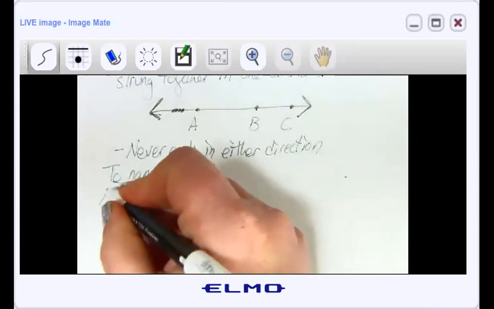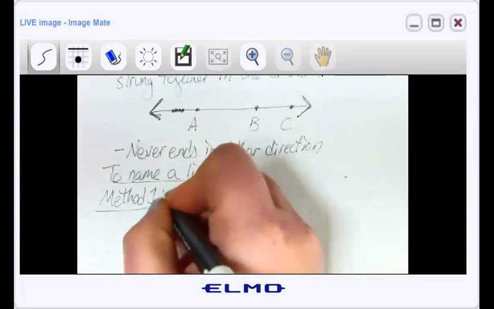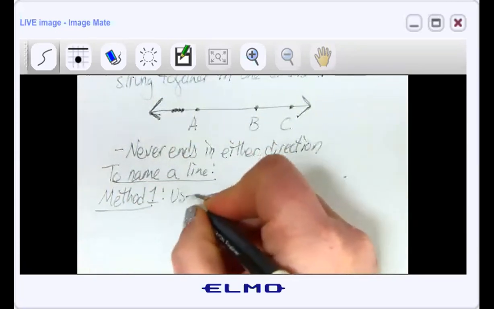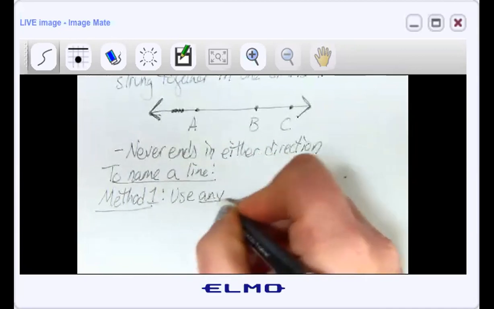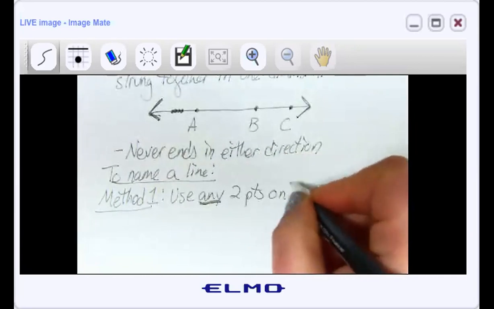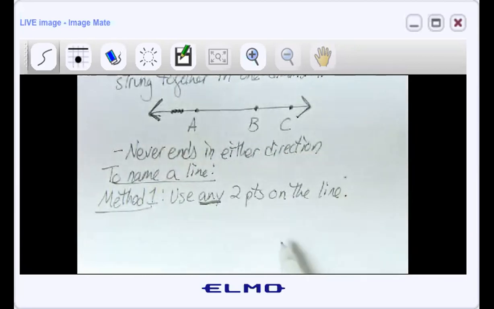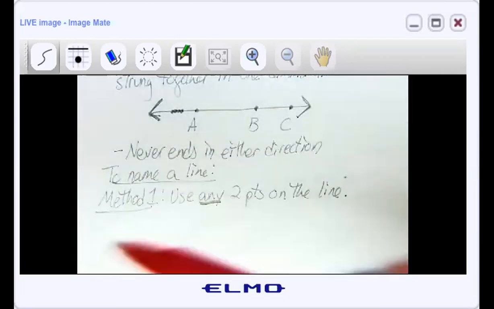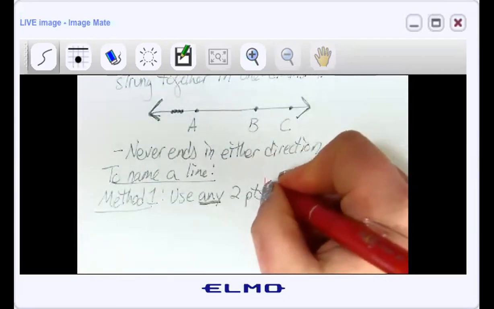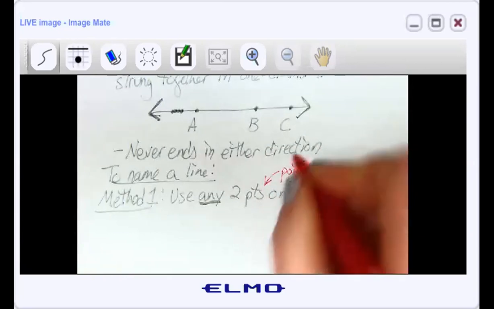method one, and this is your most common one, you're going to see this quite a bit. You can use any 2 points on the line. PTS, by the way, is just the abbreviation for points. So I'll just add that in there because you'll see me do that a lot.